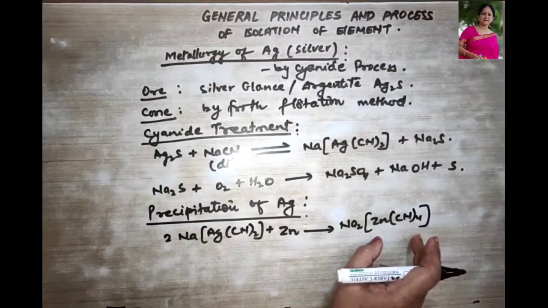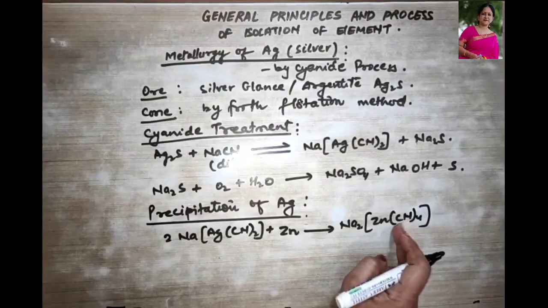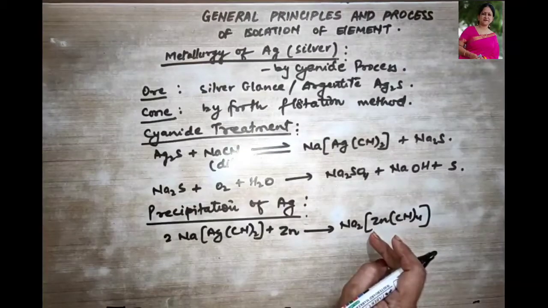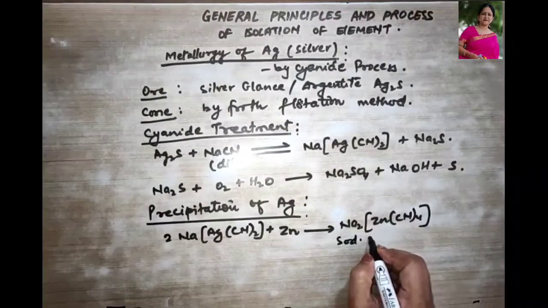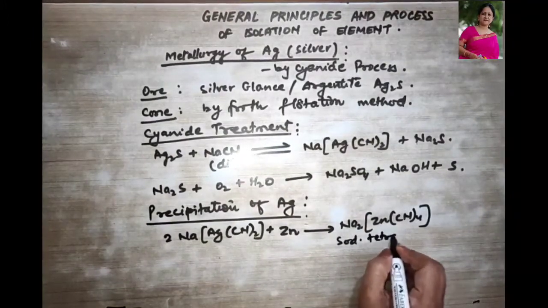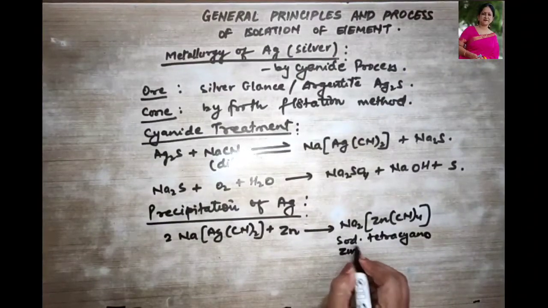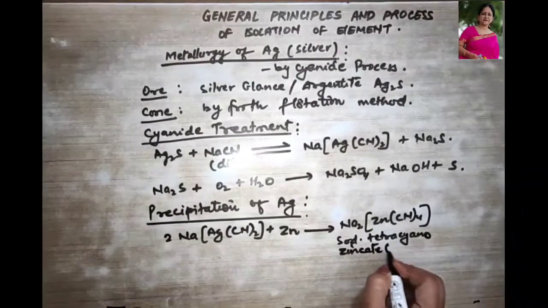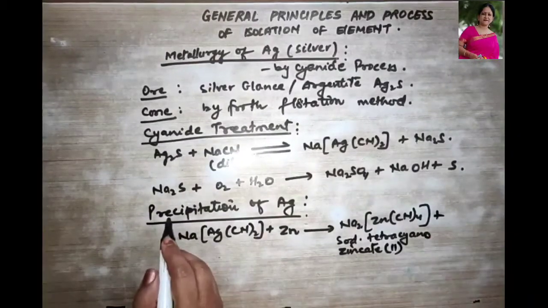What is the name of this? Sodium tetracyanozincate(II). Okay, the name is sodium tetracyanozincate(II), right? And what are we precipitating?